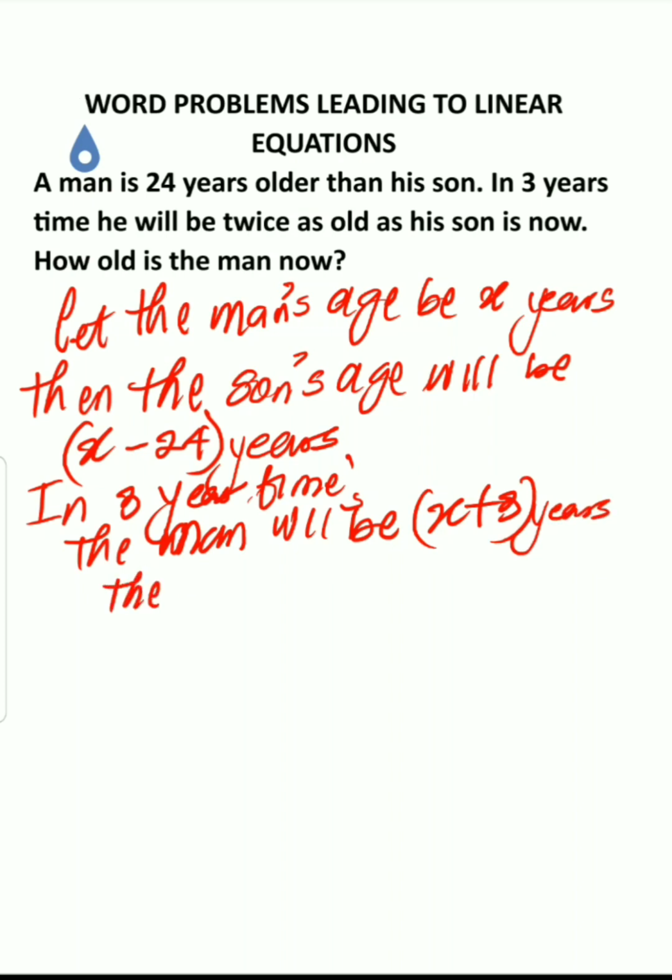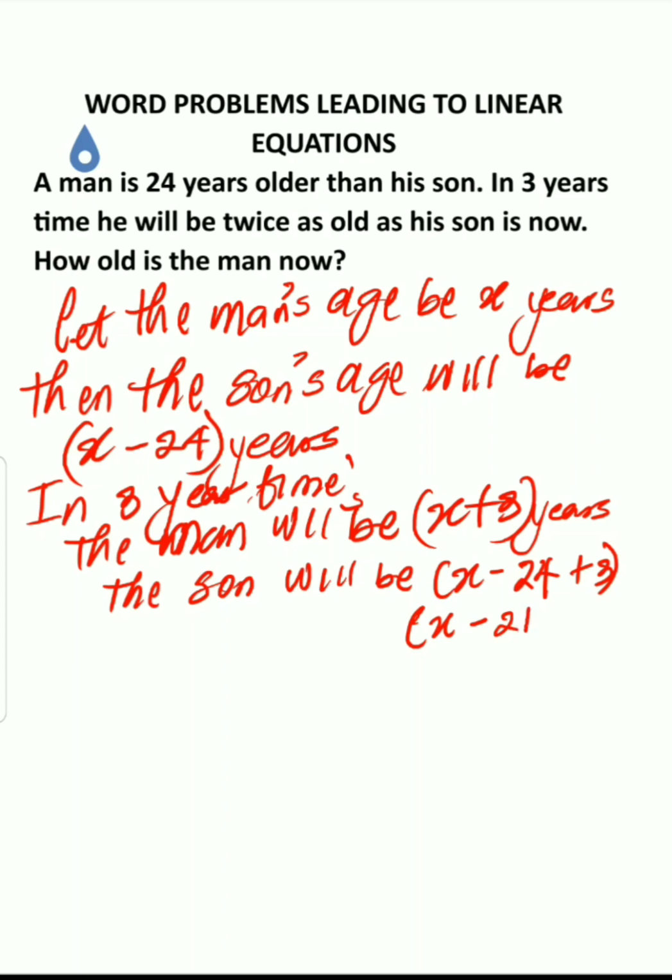The son in 3 years' time will be, that's X minus 24, that is his age right now, plus 3. And so this gives us X minus 24 plus 3, that is X minus 21 years. So in 3 years' time, the son is X minus 21.